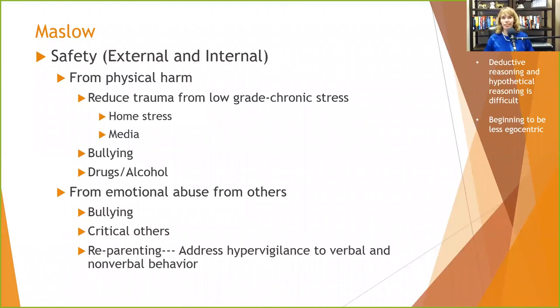Bullying starts in elementary school, so it's important to help children learn how to deal with people who are not so nice. And what does that mean about them if somebody says something ugly to them or somebody's mean to them? Help them develop their own sense of self-esteem.